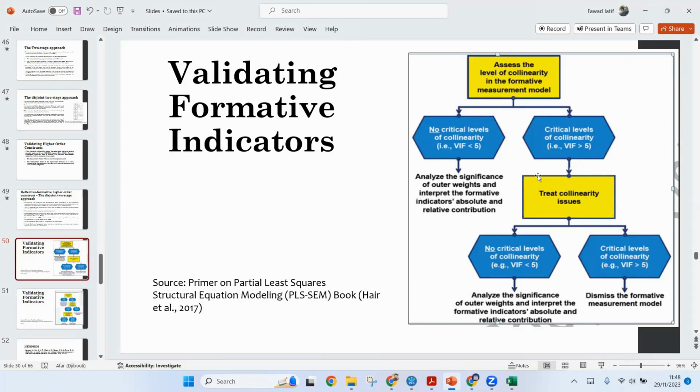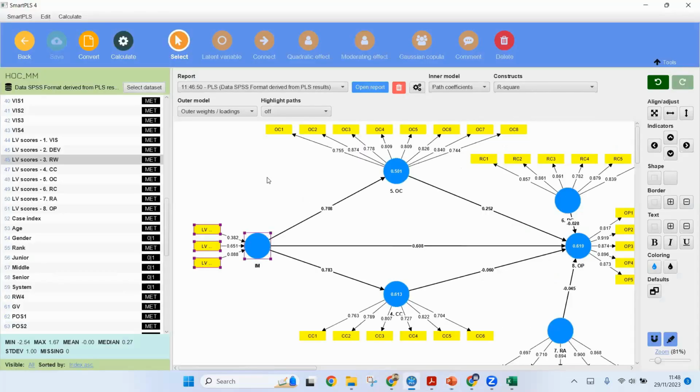For which group are your relationships very high? Maybe you have multicollinearity issues. Assess your VIF values for different groups. What you do is you create groups in Smart PLS. We'll talk about creating groups later, and then see your model in each group. I'm going to discuss that later with you.